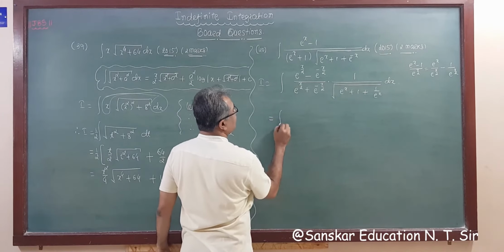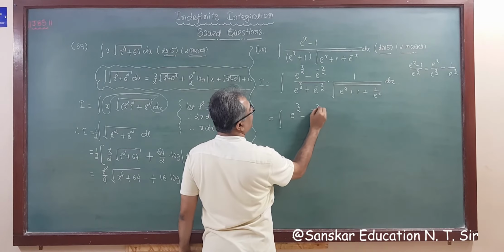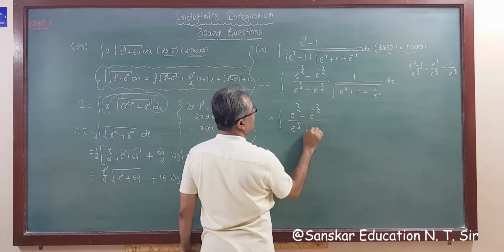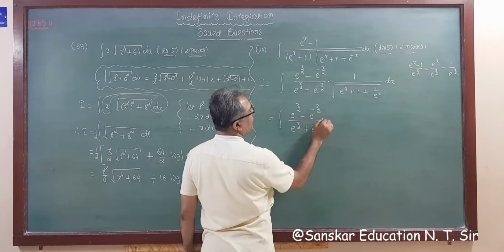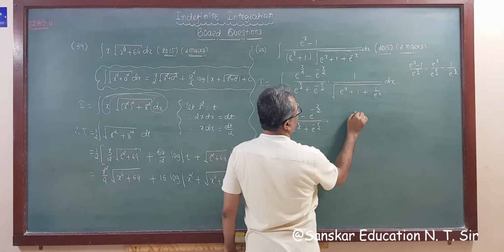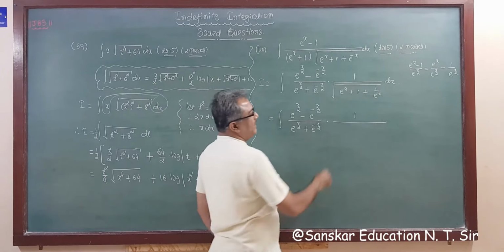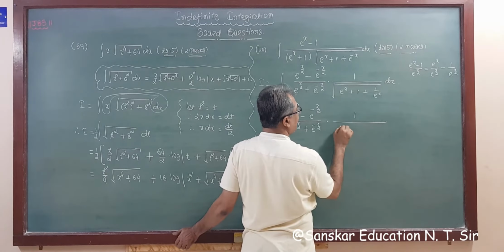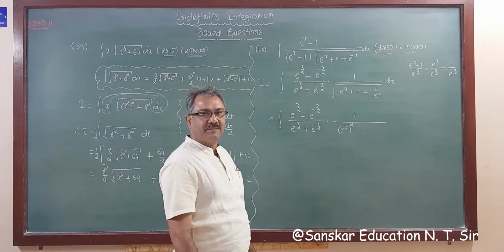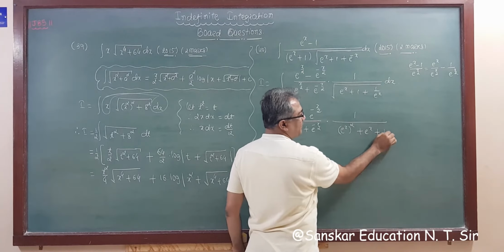We get the integration of e raised to x by 2 minus e raised to minus x by 2, whole upon e raised to x by 2 plus e raised to minus x by 2, into 1 upon the square root of e raised to x whole square plus 1 plus e raised to x plus 1.